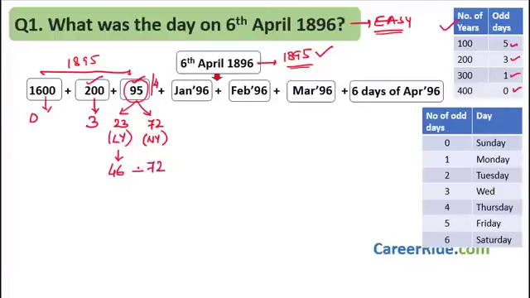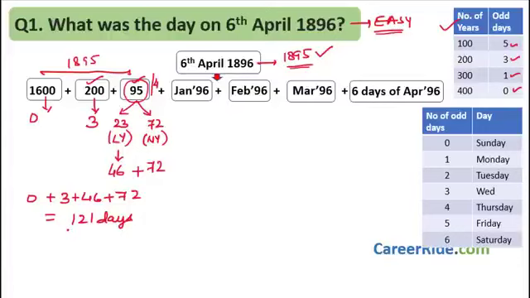Now let us find out how many odd days we have till now. That is 0 plus 3 plus 46 plus 72. When you add all these numbers, 72 plus 46 is equal to 118, plus 3 is 121. So these are 121 days. Now I can sum them up into weeks and find the number of odd days.